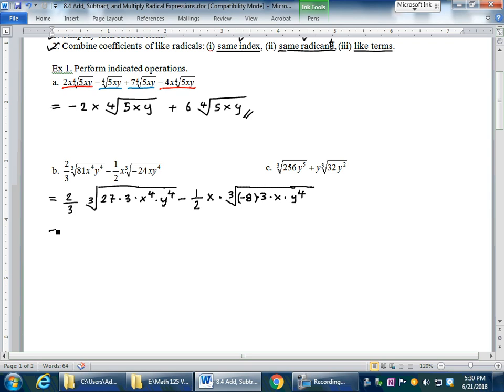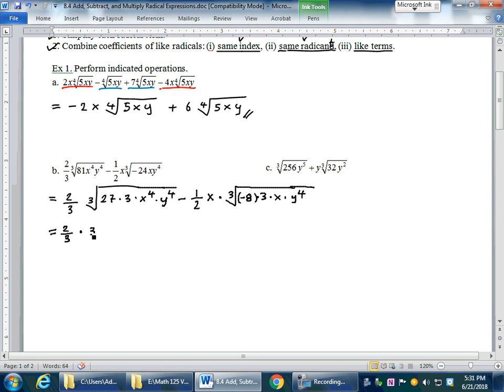Now, I'm going to use the product property to simplify the radicals. So it'll be 2/3. Remember, anything that comes out from the radicals is a factor, so it will be 2/3 times cube root of 27, which is 3. For the variable part, you have to remember that the exponent of the variable will be divided by the index.